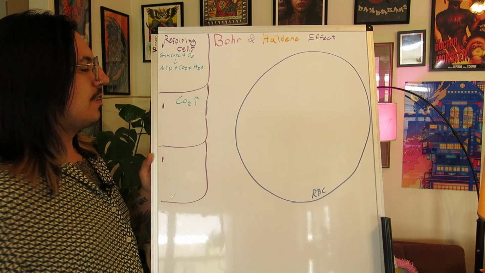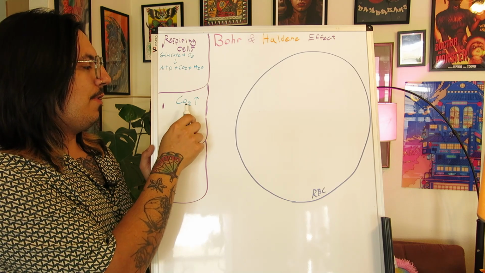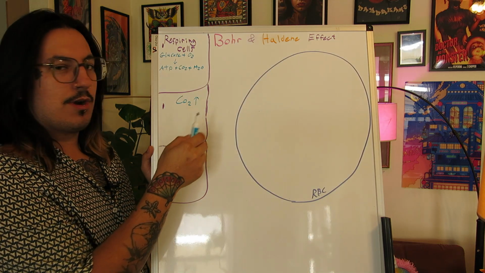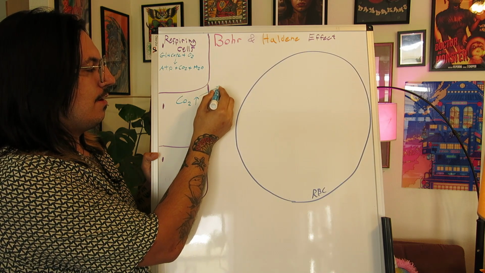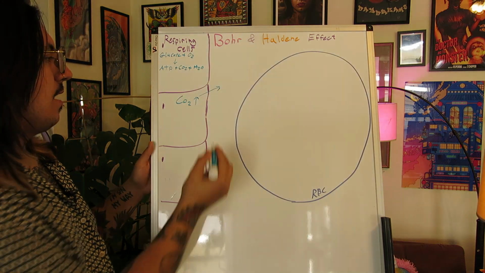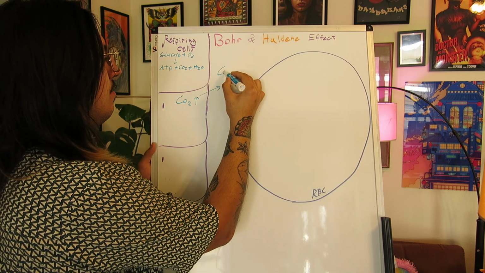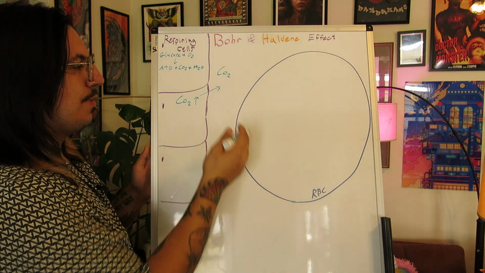As a byproduct of respiration, we get a high concentration of CO2 in the respiring cells. And what happens when we have a higher concentration of one molecule or ion versus another? It's going to diffuse towards a lower concentration. So now we get some CO2 building up in the bloodstream.